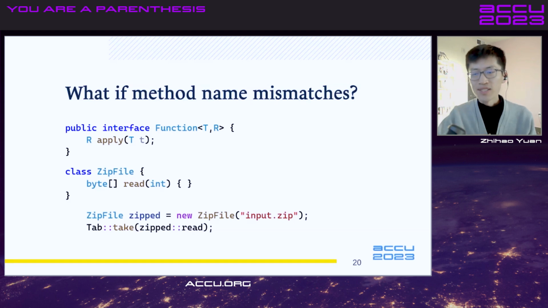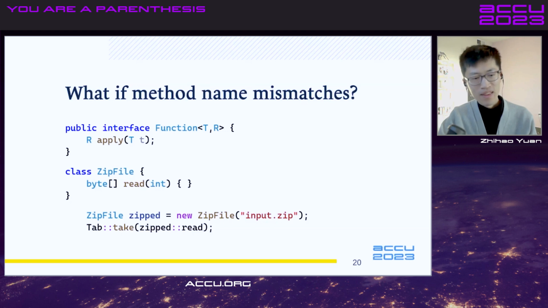So one way to understand this, well, this thing is of course also called a bound method in Java. But there's another way to understand this. I could pass an object zipped, and I did pass the object zipped.